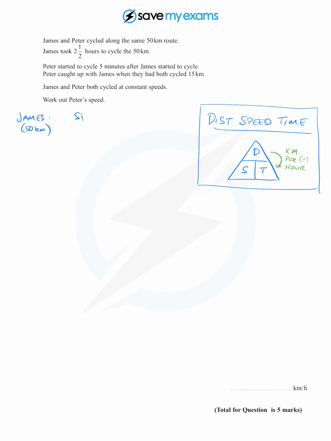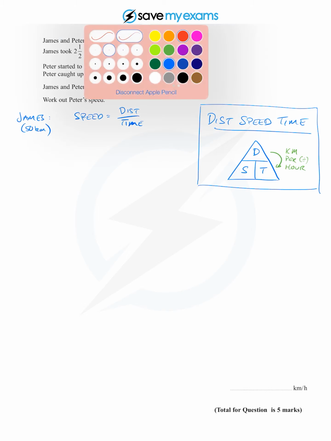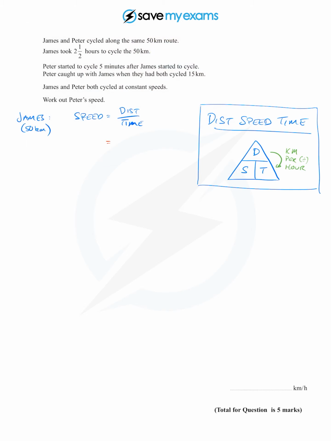To work out the speed for James, what do we need? Well, we obviously need his distance and his time, because that is the formula there. Speed is distance over time. We've just talked about that. And, well, let's do that. So the distance he travelled was 50 kilometres, and he did it in 2.5 hours.